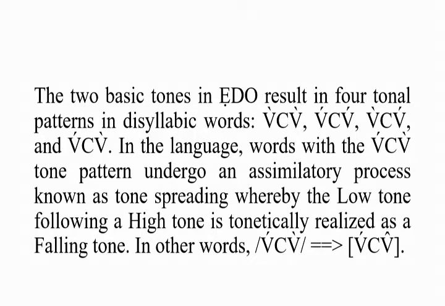In other words, you have in a word like oka. What I just pronounced, oka, is the phonetic realization of the high-low tone pattern. There are many of such examples as we will see in a short while.